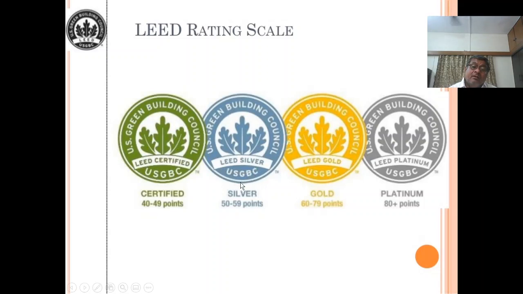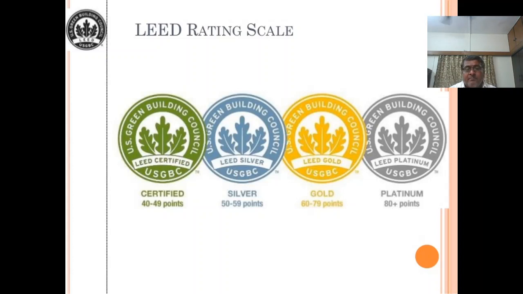The silver points are 50 to 59 points. Then gold, it is yellowish in color. This is LEED Gold, and the points are 60 to 79 points. And this is a somewhat light blue, gray color, that is the LEED Platinum scale, and it is 80 and above points.